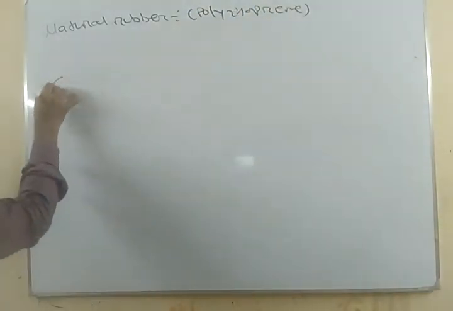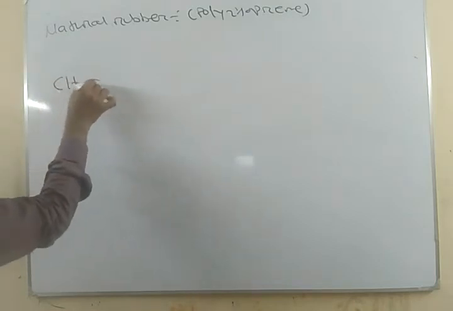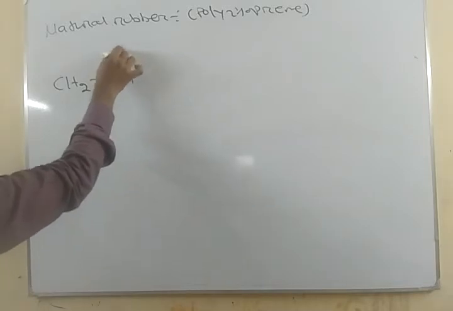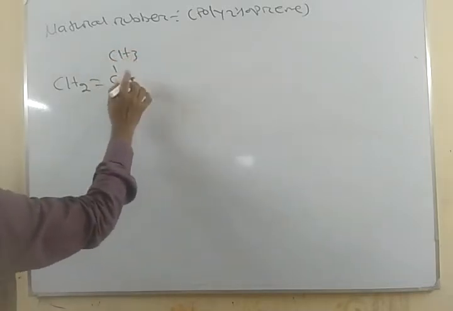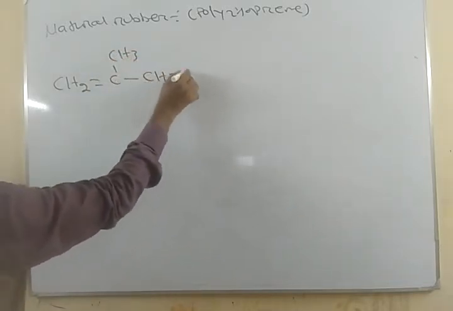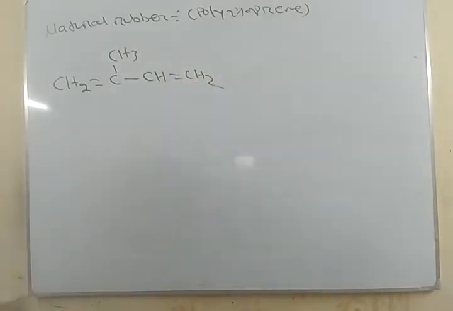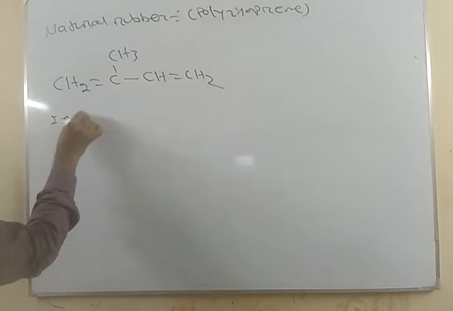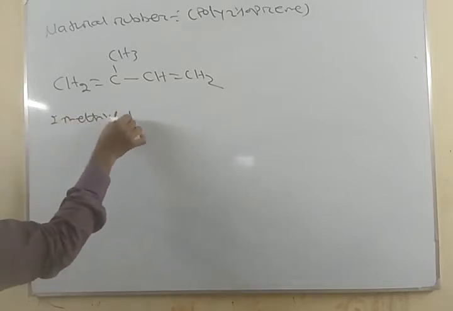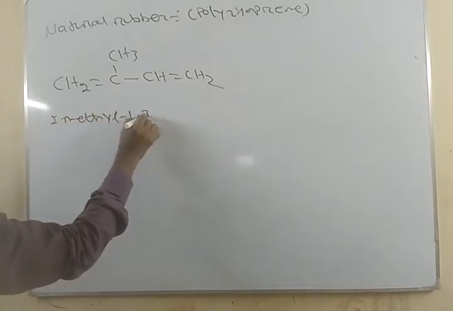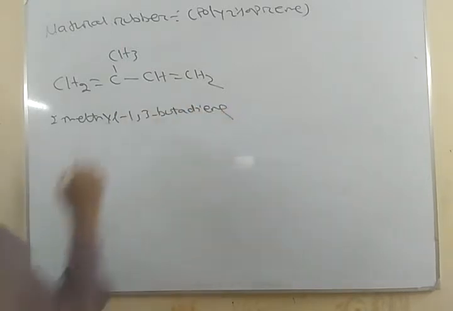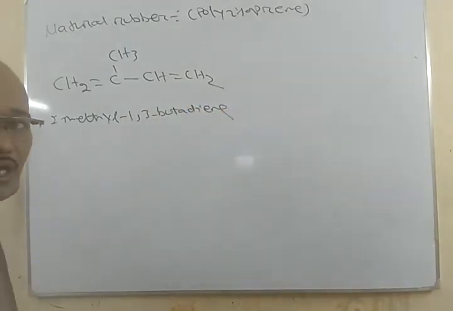So here CH2 double bond CH2, CH3, CH3 double bond CH2. Okay, this is what, 2-methyl 1,3-butadiene. 2-methyl 1,3-butadiene.